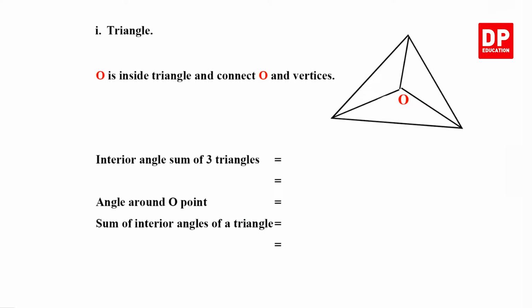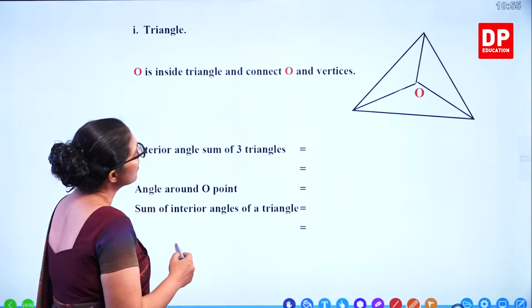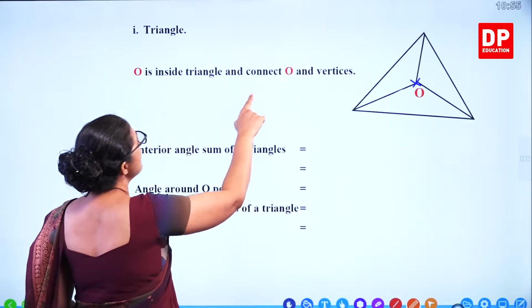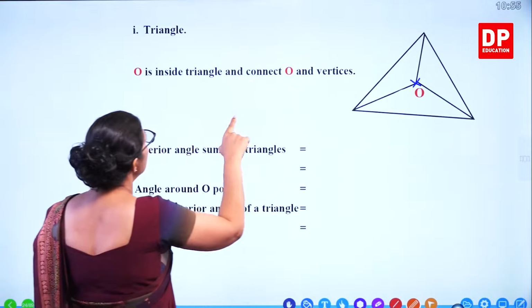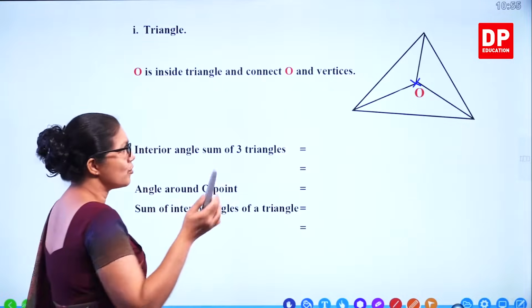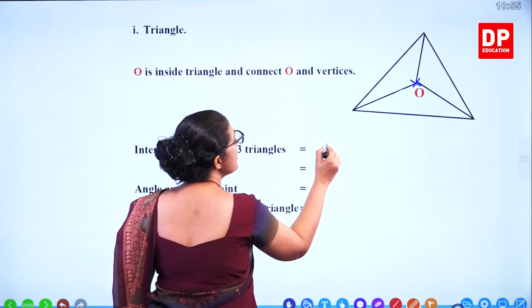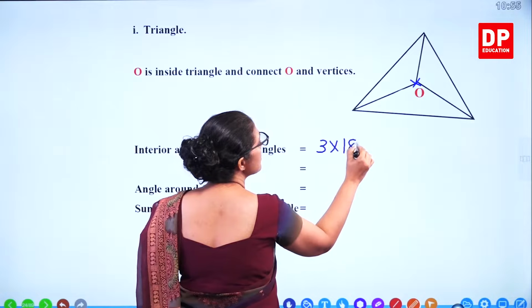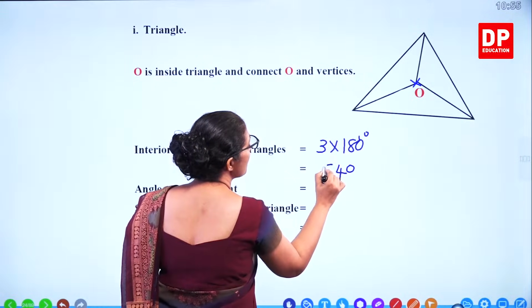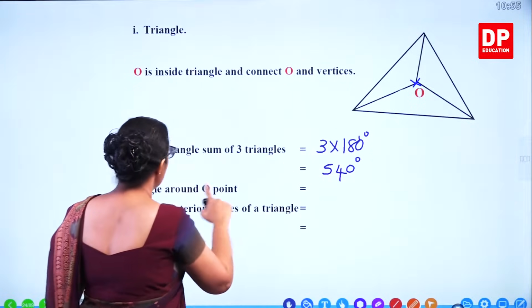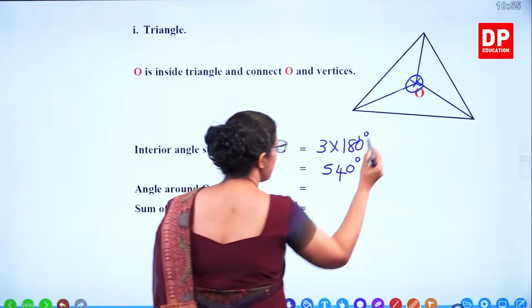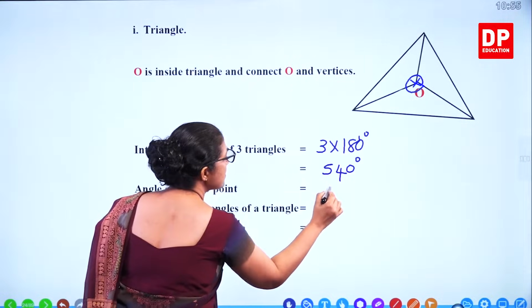Then if you take a triangle, this is the point O inside the triangle. So the interior angle sum of 3 triangles. Now you get 3 triangles there. So 3 times 180. What's that? 540. What's the angle around point O? That's 360 degrees.